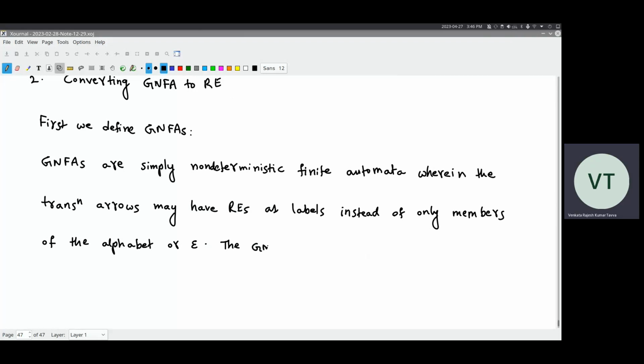The GNFA reads blocks of symbols from the input at a time.